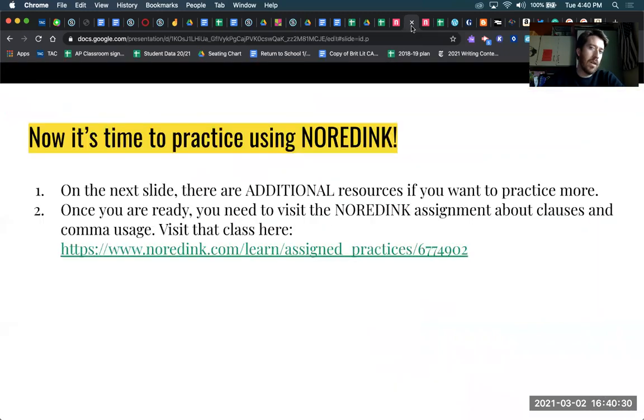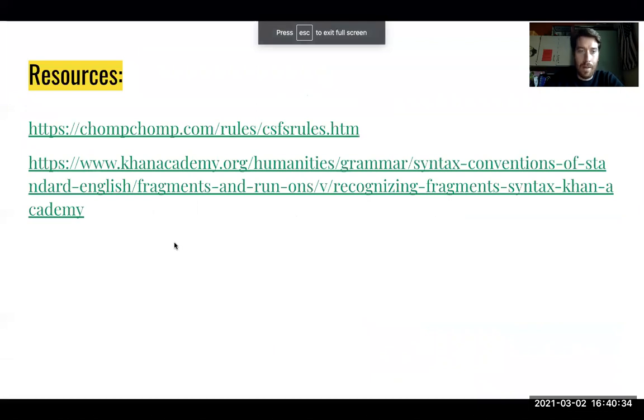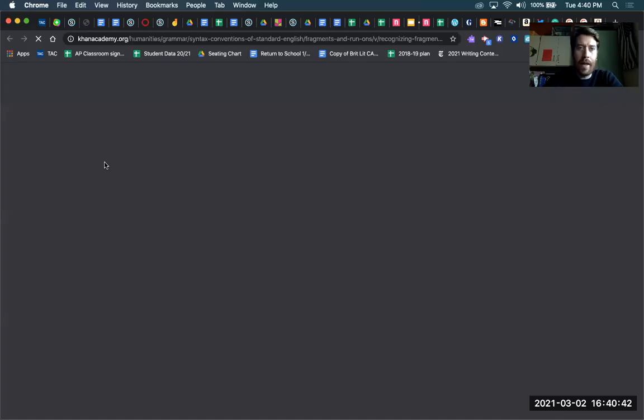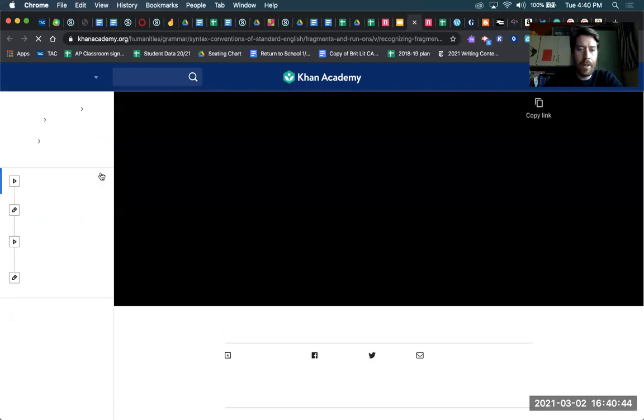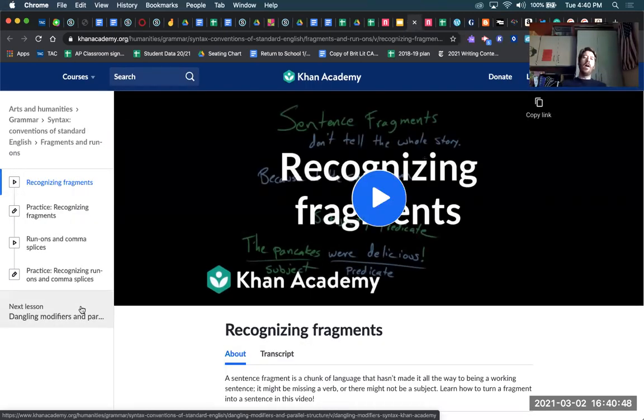If you're worried you still need a little bit more information, you could go to Khan Academy. And you can also go to Chomp Chomp, which is another resource that's really good for grammar. I love Khan Academy. I've admittedly not used it that much, but it's basically a service where it's donated, kind of like Wikipedia, and individuals make content that's really high level and fact checked and peer reviewed.